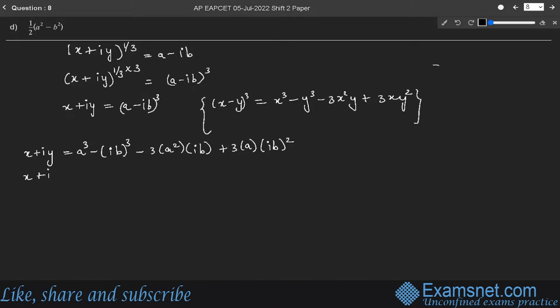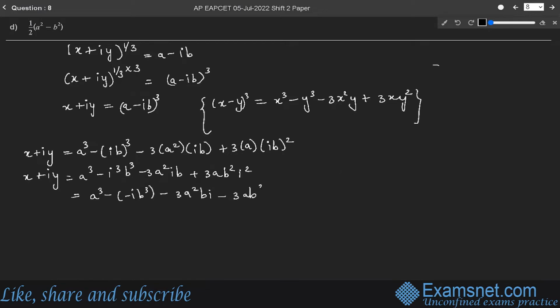Therefore, x plus iy is equal to a cube minus i cube into b cube minus 3a square ib plus 3ab square i square, which will be equal to a cube minus of minus i into b cube minus 3a square into bi minus 3ab square, because we know that i square is equal to minus 1.